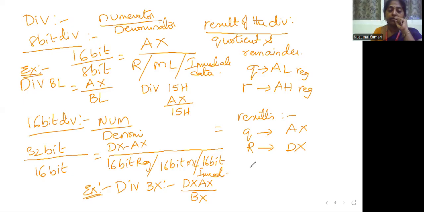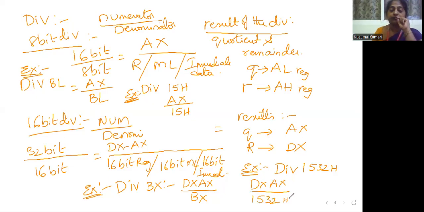Similarly, another example: DIV 1532 hexa. Then what does it mean? The DX AX register pair divided by 1532 hexa. Okay, that is about the division.